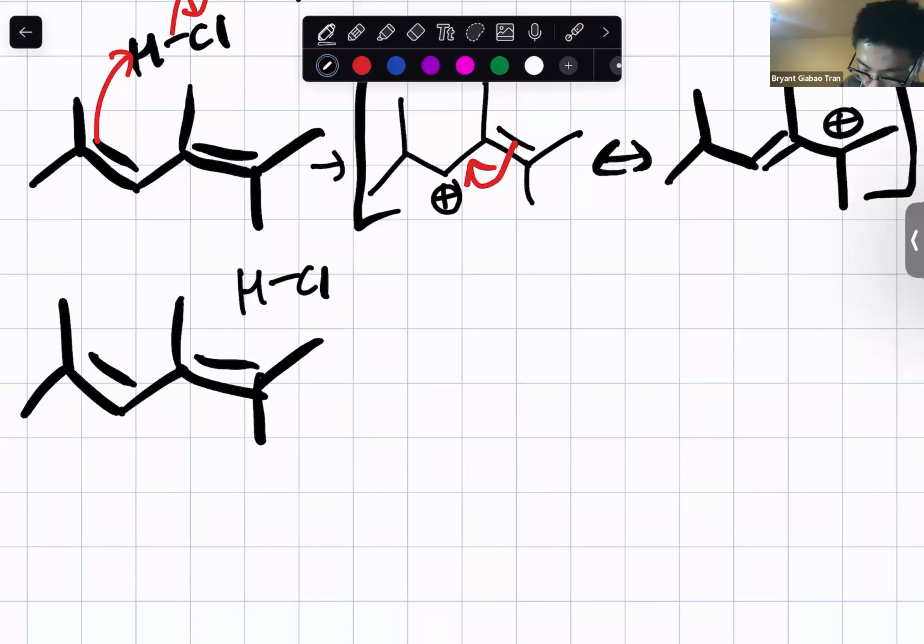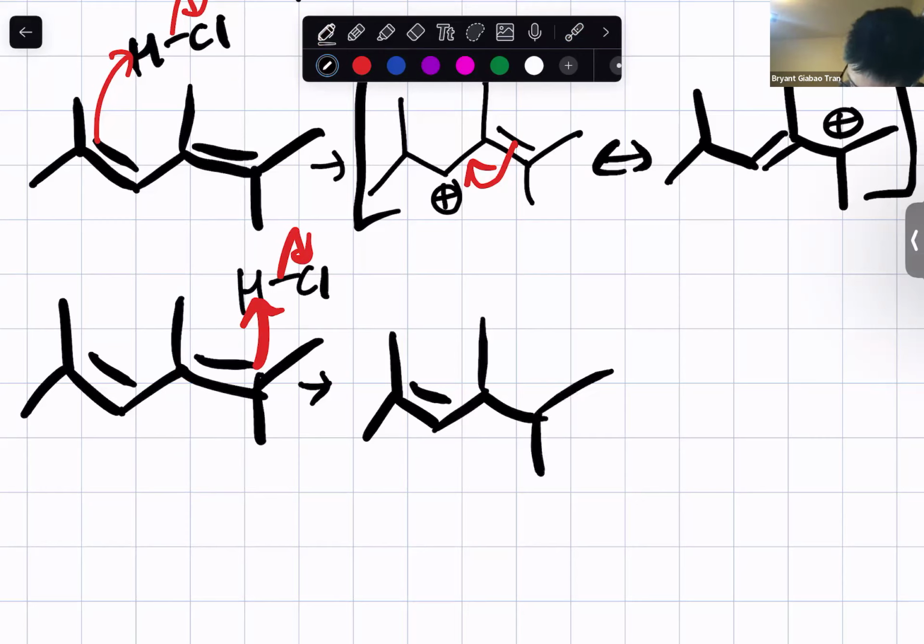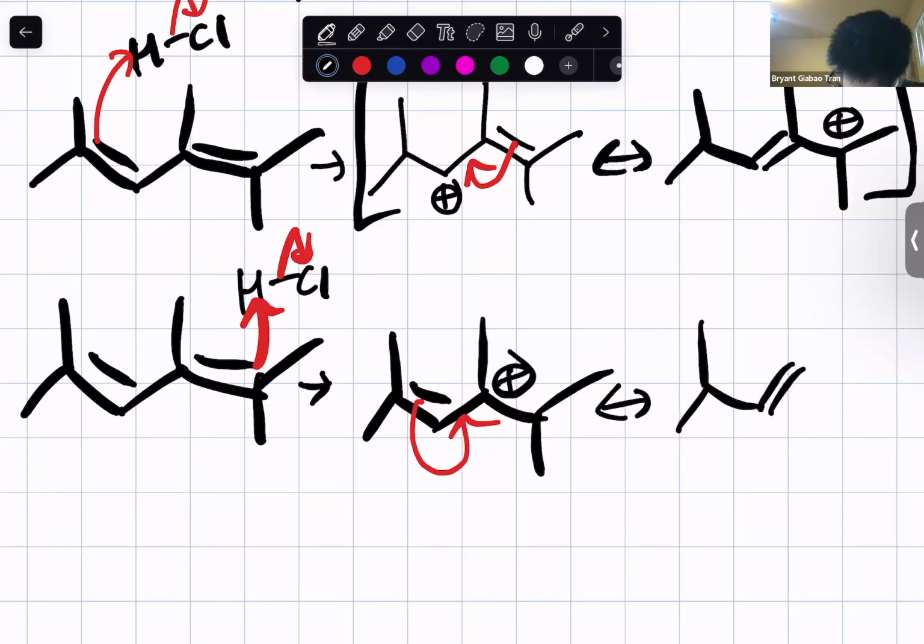That means that the other carbon is going to attack that hydrogen, kick out the Cl, and give us our allylic carbocation here. Once you have this allylic carbocation, let's draw the resonance structure. Right, which gives us that resonance structure here.